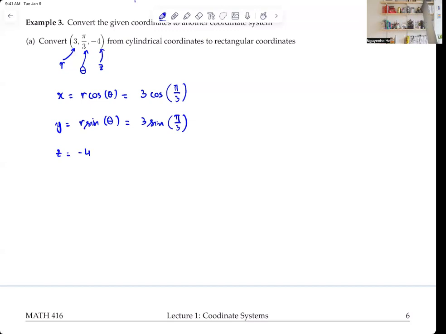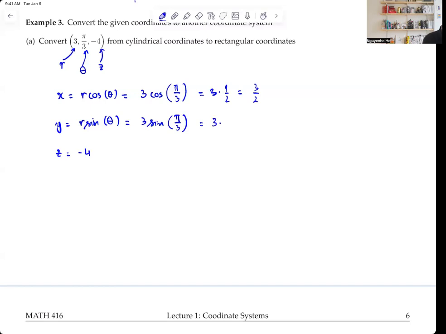All right, okay, questions for you. What is cosine of pi over 3 equal to? Yes, 1/2. So you have 3 times 1/2, or 3 over 2. And what about sine of pi over 3? Good. Yeah.